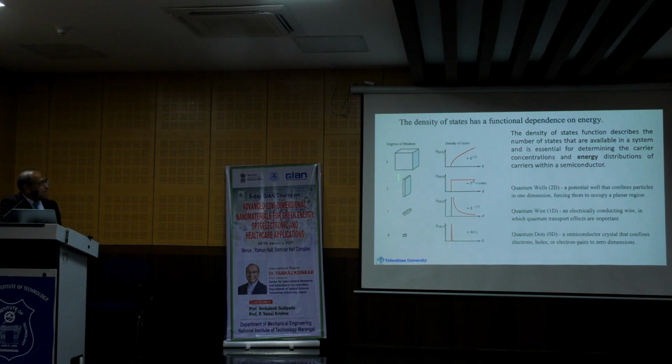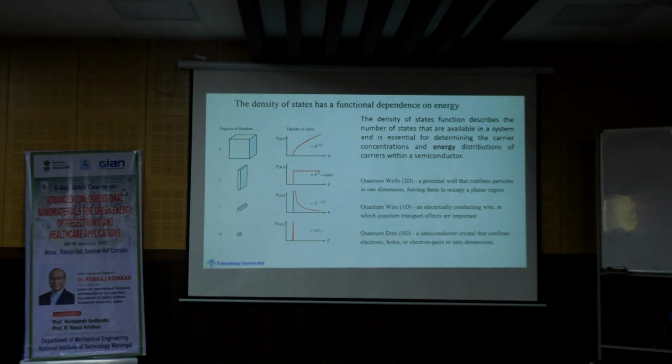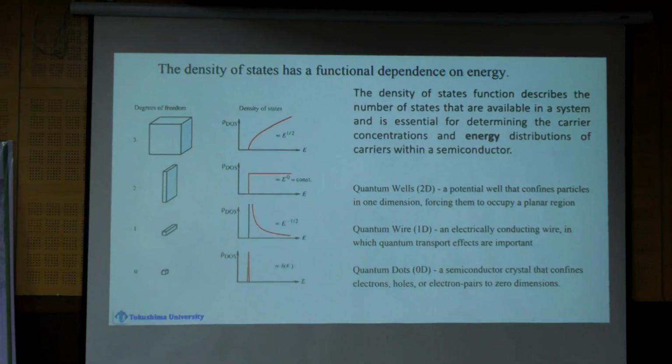For the time being, this is the density of state. It's real physics about two dimension, zero dimension. It means, what happens when we think about three dimension, two dimension, one dimension and zero dimension, how this density of state affects the property. Density of state is a function that describes the number of states available in a system and is essential for determining the carrier concentration and energy distribution. If you remember, I was telling you about reactivity.